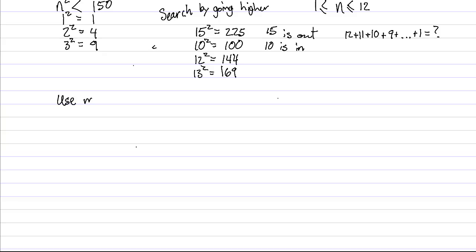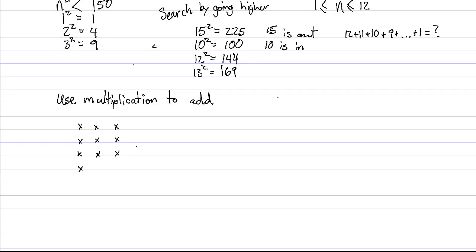Use multiplication to add, right? And typically we think of adding, alright, we've got all of these little x's, we've got 4 and 3, right, and 4 times 3 equals 12, and that is faster than adding 3 plus 3 plus 3 plus 3, right?